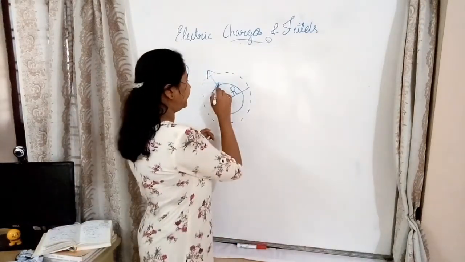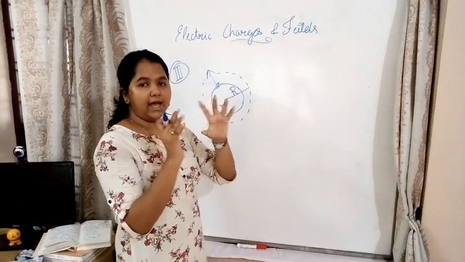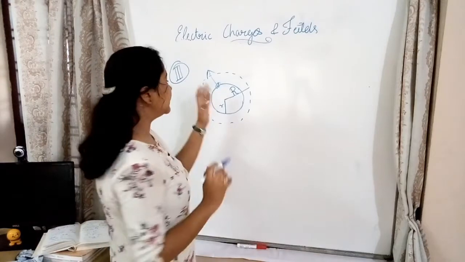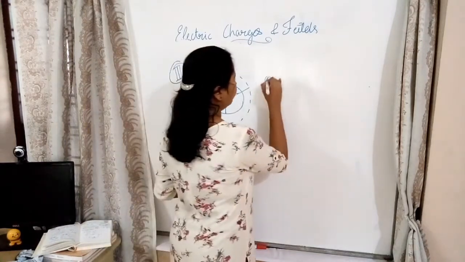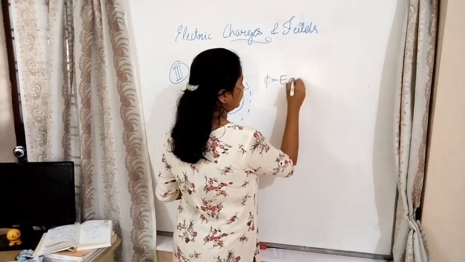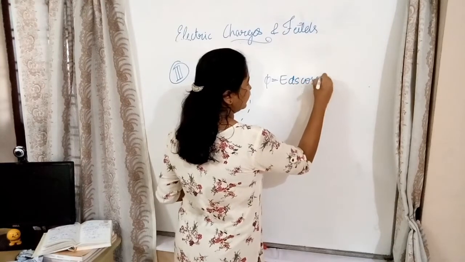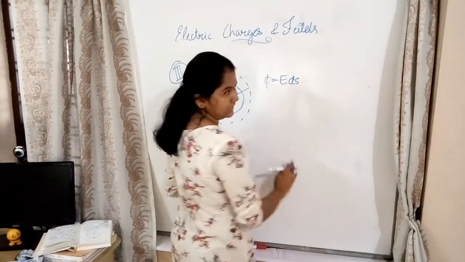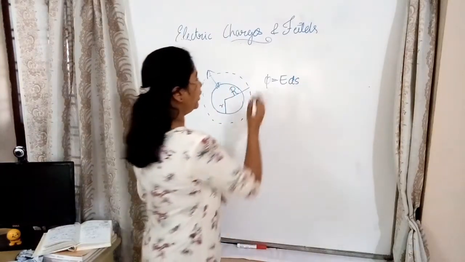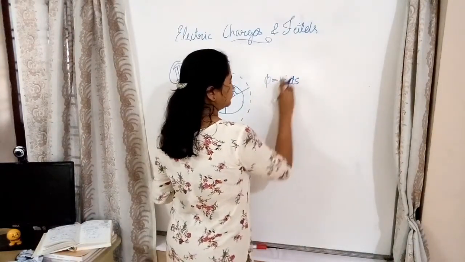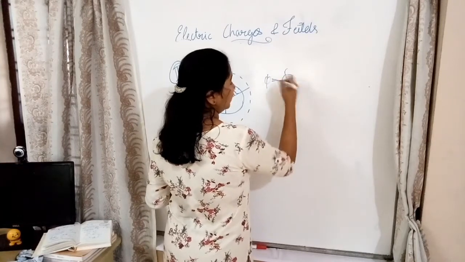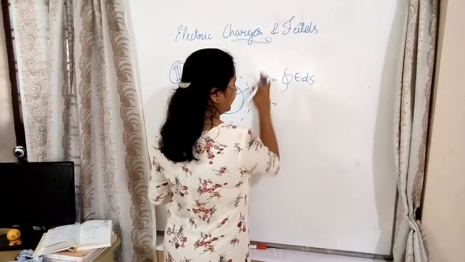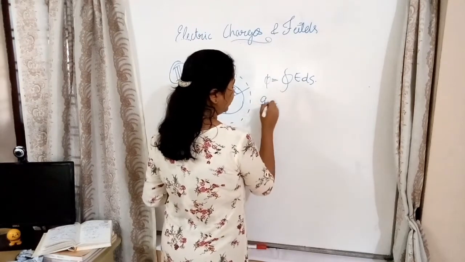So over here every point has electric flux because this is cos 0. We know flux is equal to E dS cos theta, and this theta is always 0, so it's E dS. So phi is equal to closed integral E dS, and phi is equal to Q by epsilon 0.